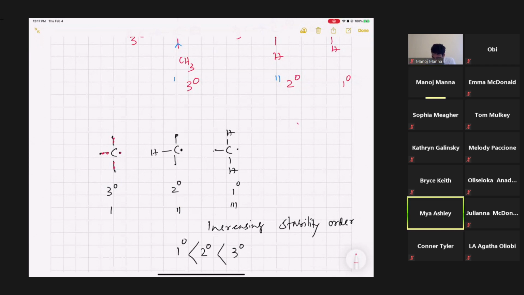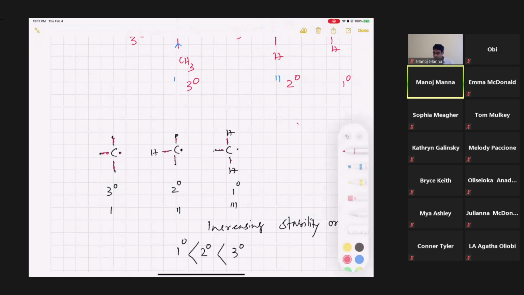Agree? Yes. Now here you again have 7 electrons. Here you have 7 electrons. But if we have a methyl group, it is pushing electron density towards this direction, this direction, this direction. That means electron density is pushed towards the carbon in a greater amount in the 3 degree.